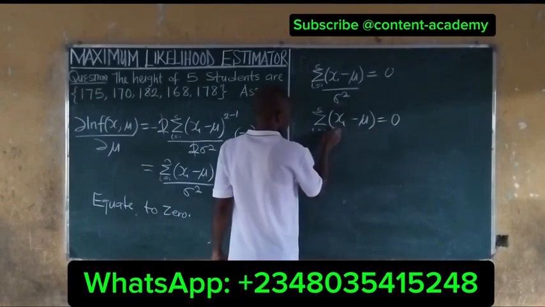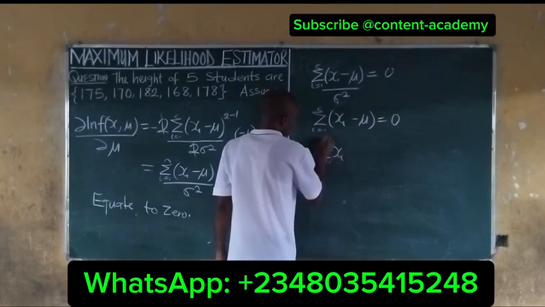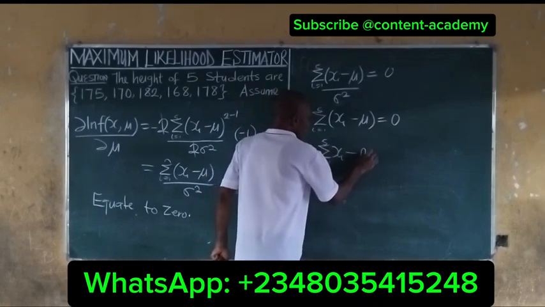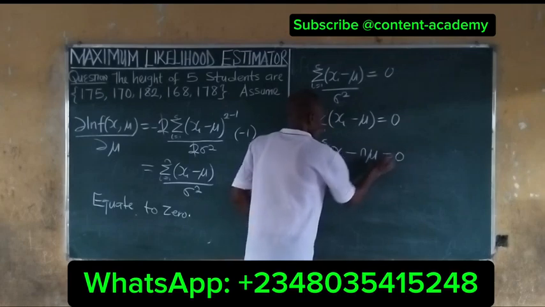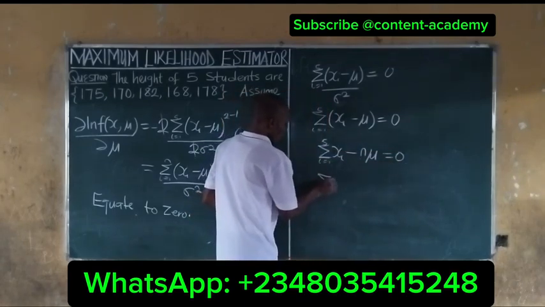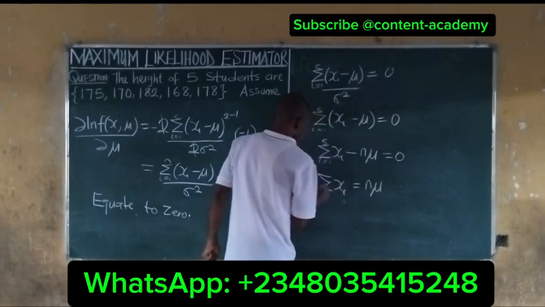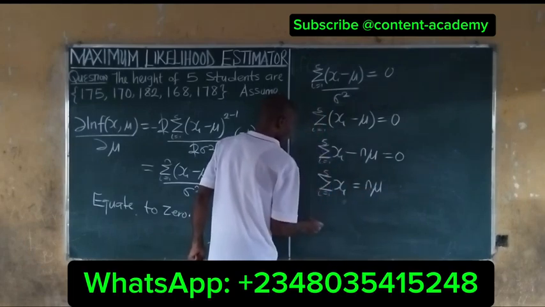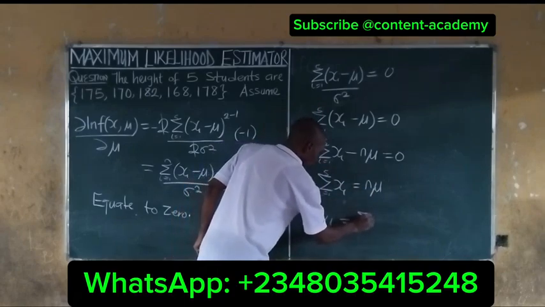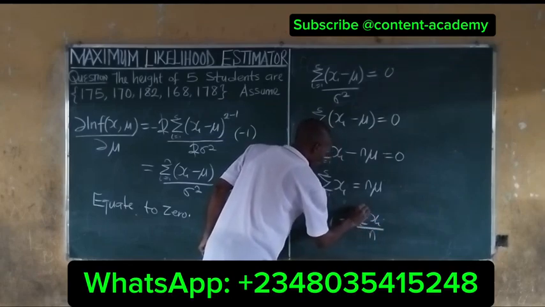Of course, we can open the brackets to give us summation of xi, i running from 1 to 5, minus, if we sum a constant, we get n times that constant, which is equal to 0. Of course, this can move over to the other side. So we have summation of xi equal to n times mean, i running from 1 to 5. So it then means that our estimate will be equal to summation of xi all over n, i running from 1 to 5.